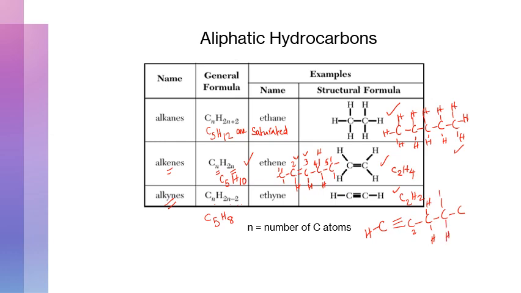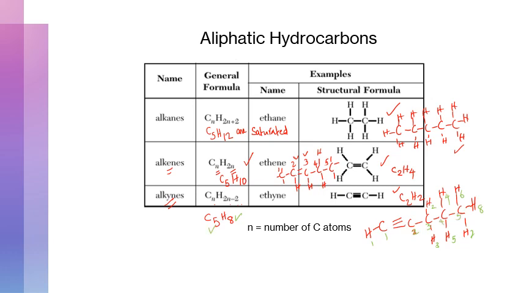Now I can count and see whether the hydrogens match our formula. I have 1, 2, 3, 4, 5, 6, 7, 8 hydrogens, and 1, 2, 3, 4, 5 carbons. So I have 5 carbons.